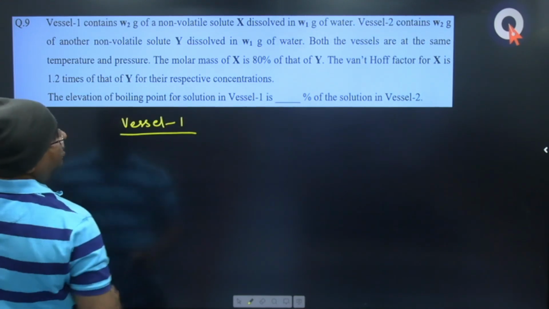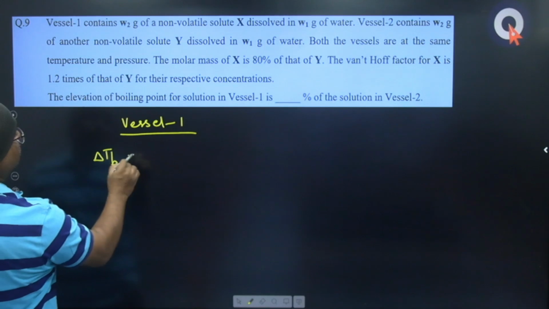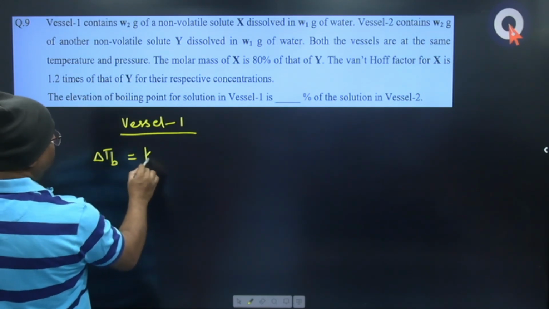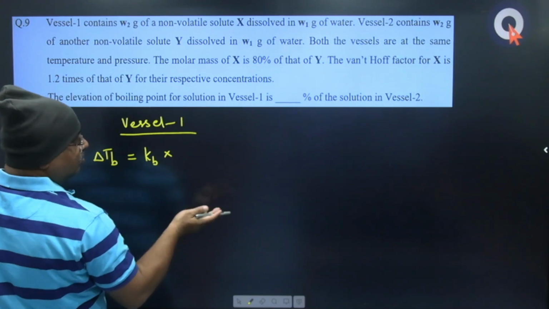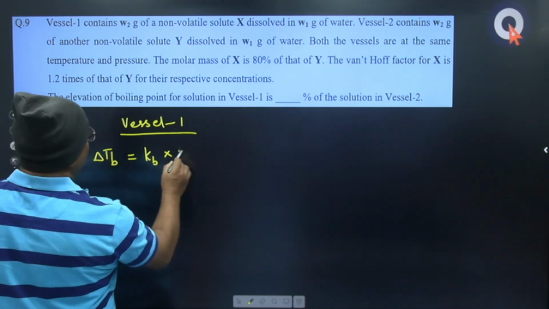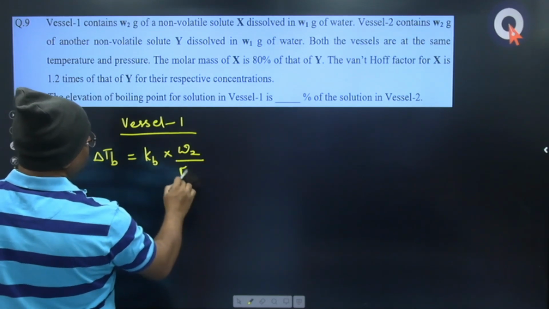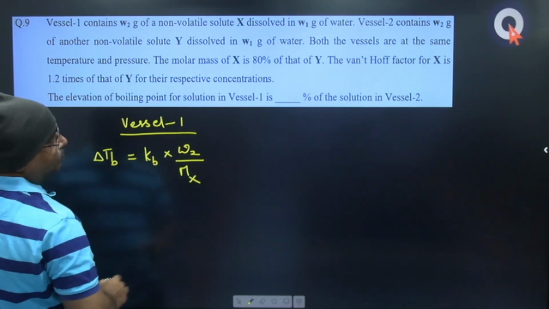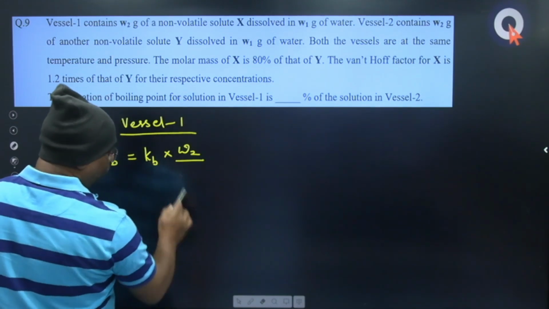Let us see with vessel 1. What do you write? Delta TB. Delta TB of this, KB, you write KB only. Then we use just the basic molality application. W2 grams of this, molecular weight of X. Molecular weight of X is 80% of Y, so you can directly replace this with Y itself.